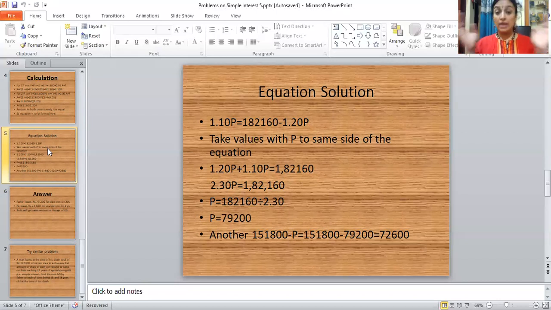Now 1.10P and here 1.20P. It should be kept in one side of the equation. Let us take this minus P to that side. That means minus 1.20P has to be taken to the other side of the equation. Then it becomes plus. Minus becomes plus. So it is now 1.10P plus 1.20P.